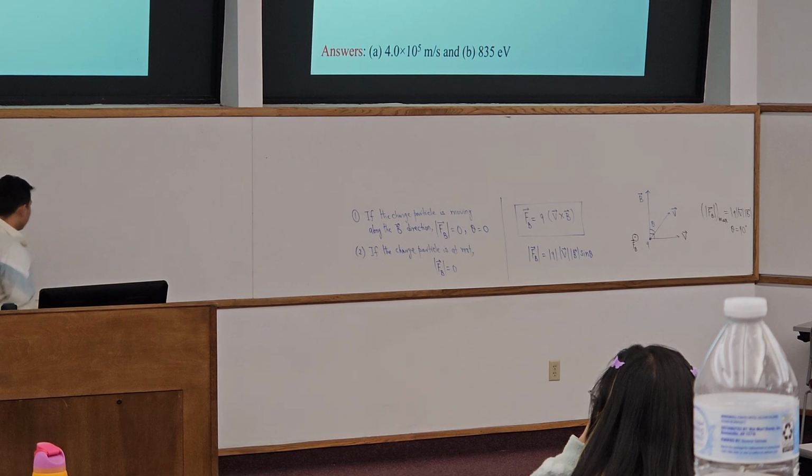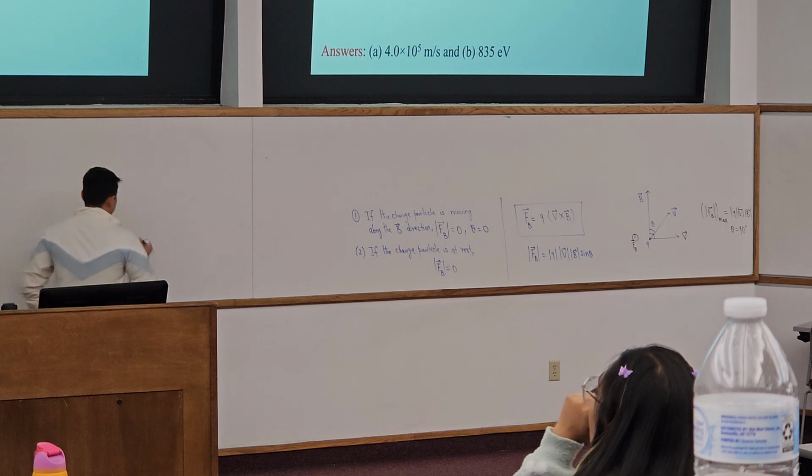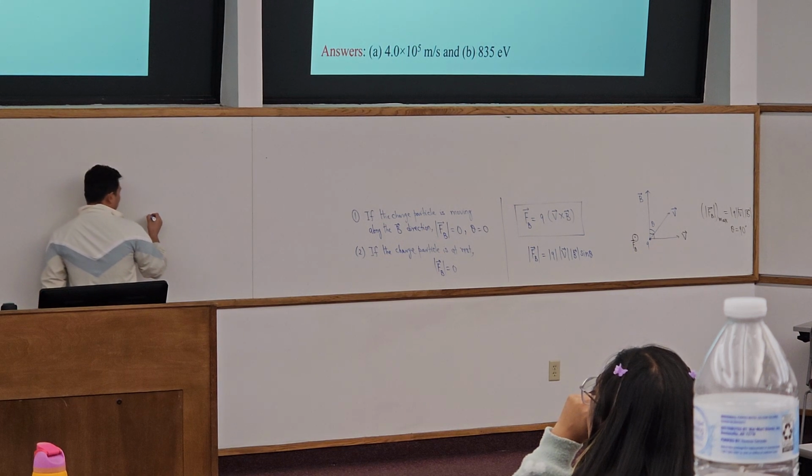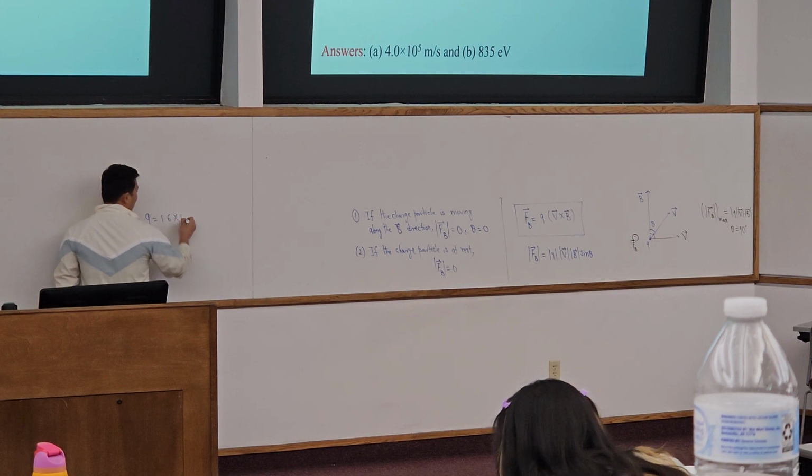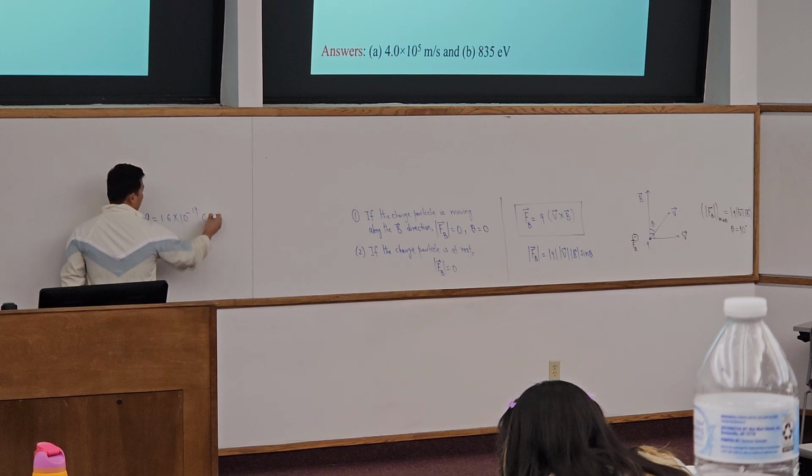The proton has a charge of 1.6 times 10 power minus 19 coulomb.